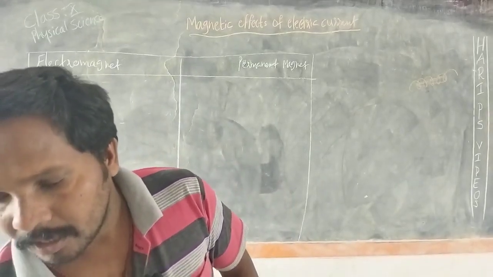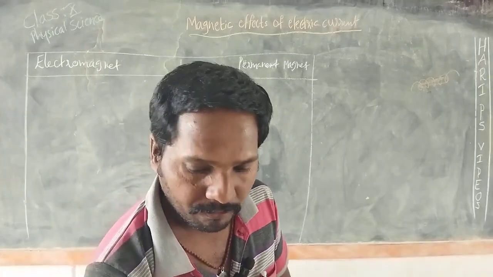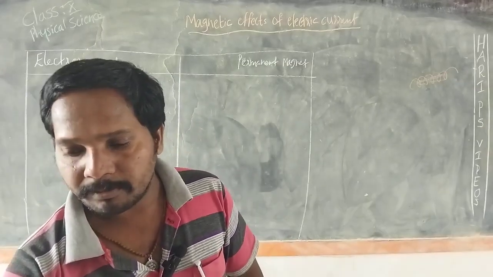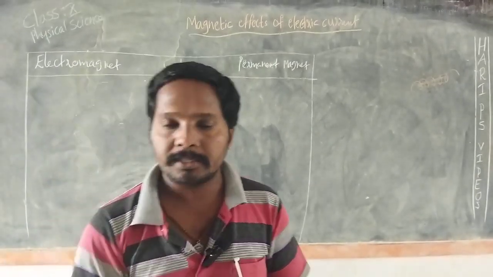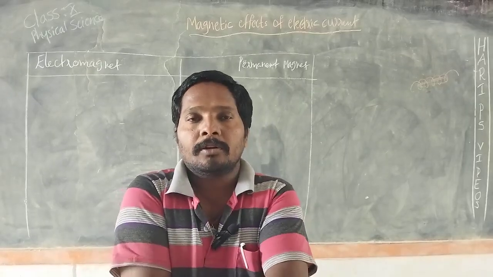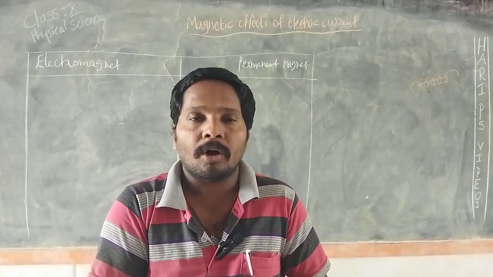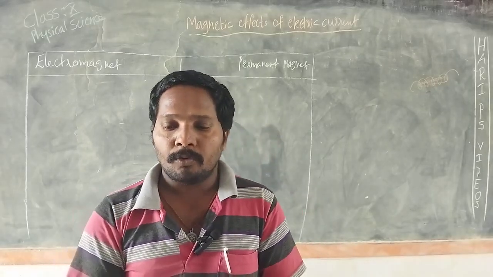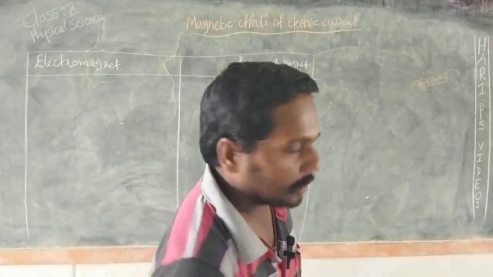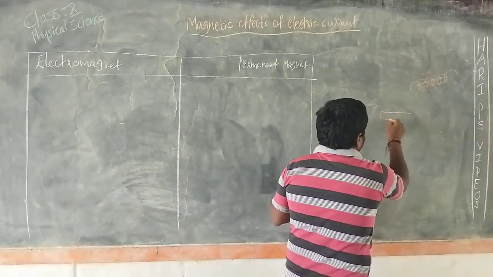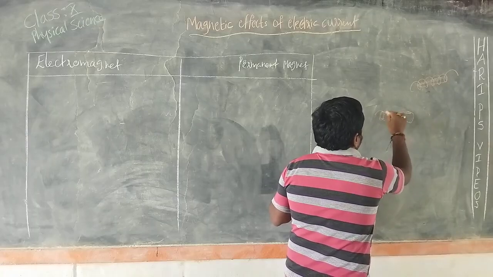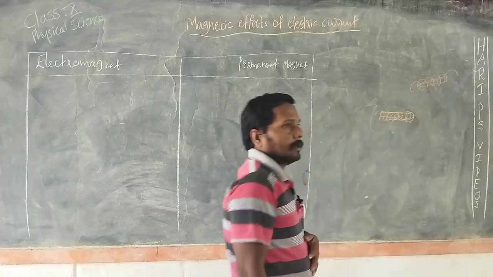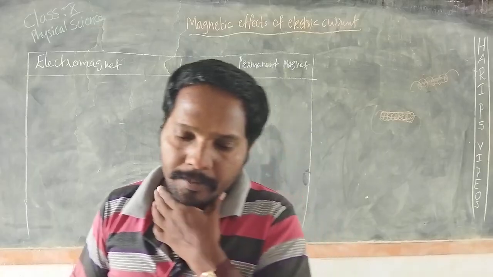An electromagnet is a magnet consisting of a long coil of insulated copper wire wrapped around a soft iron core, that is magnetized only when electric current passes through the coil. If there is a soft iron core wrapped with insulated copper wire, then when electric current passes through, it acts as a magnet.